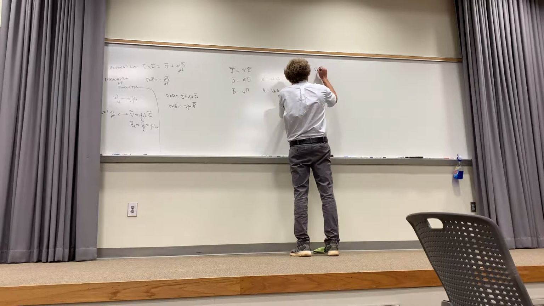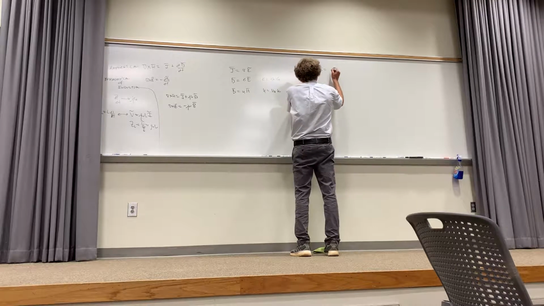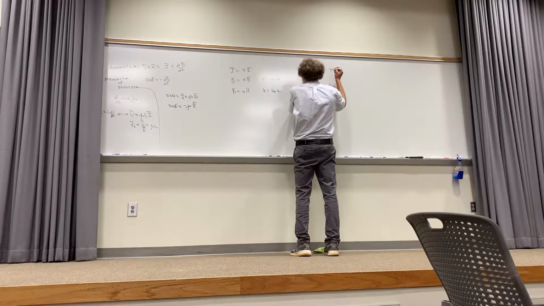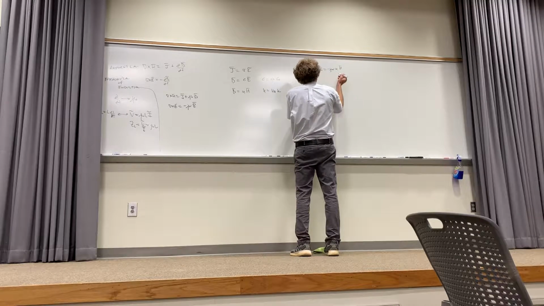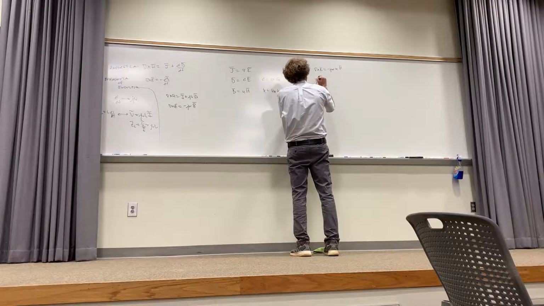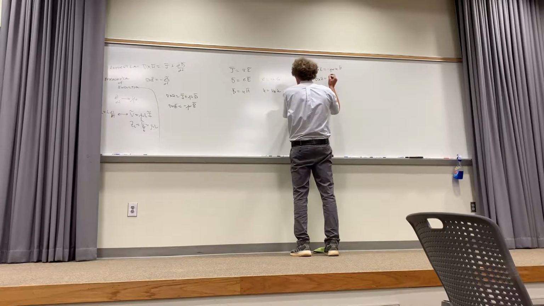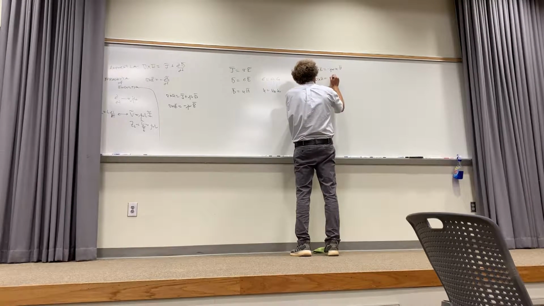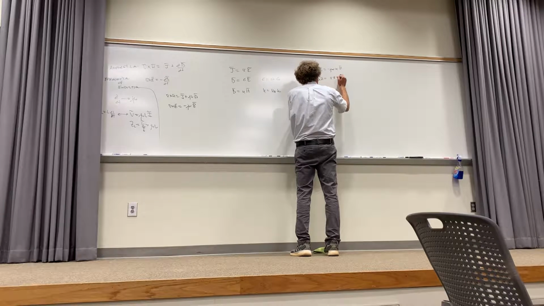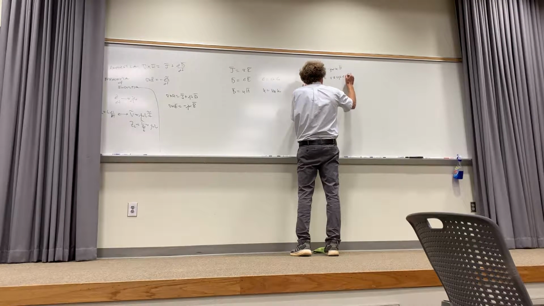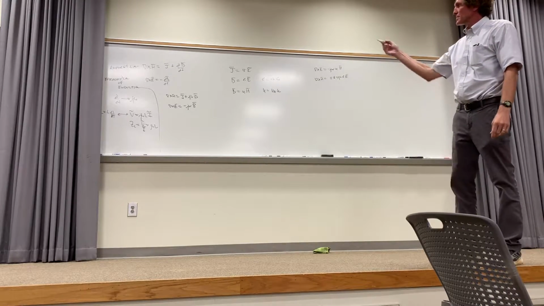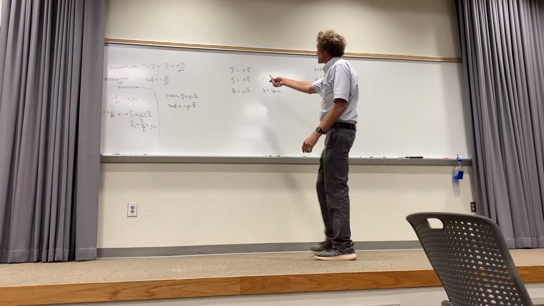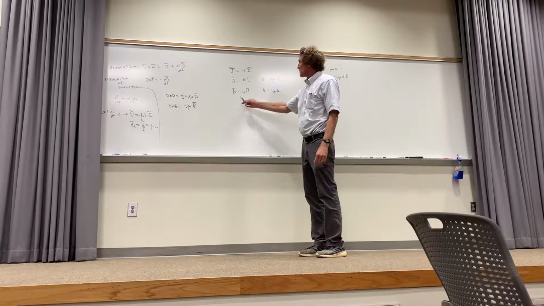Curl of E is equal to minus j omega, and now I replace B with mu H, so minus j omega mu H. Then I have curl of H equal to J, which is sigma E, plus j omega epsilon E. You can see what I've done is substitute sigma E for J, epsilon E for D, and mu H for B.